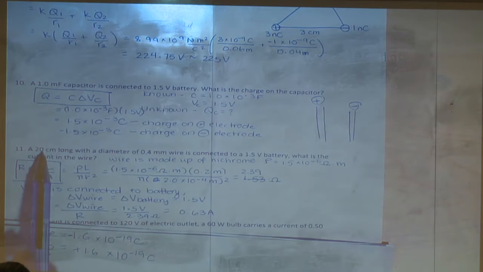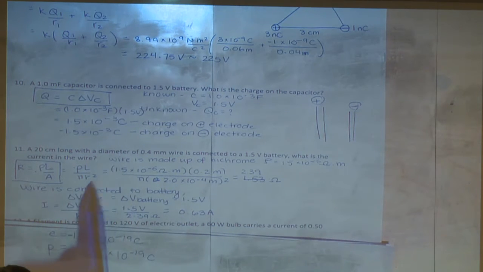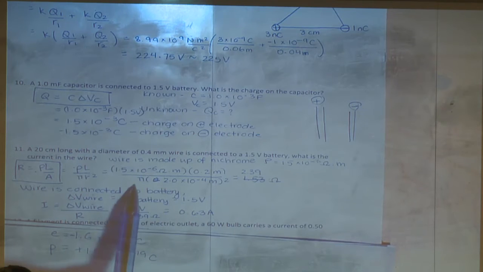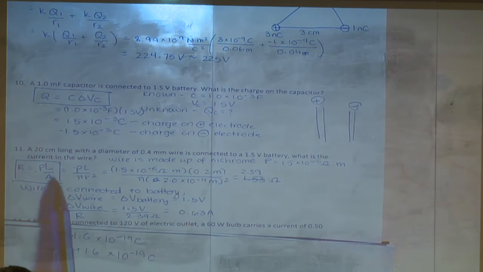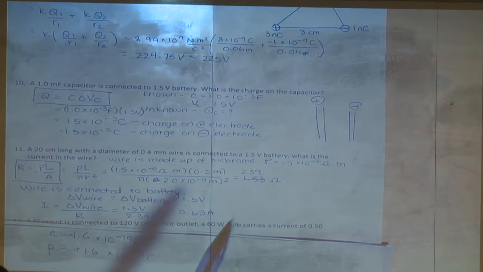Because it's given in centimeters, you convert that into meters. And the radius is in millimeters, so you convert that into meters. And then you have pi, because the cross-sectional area of a wire is pi r squared. So you divide by pi r squared, and then you get the resistance. We good? Okay.